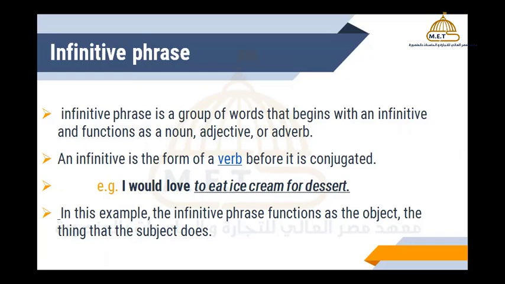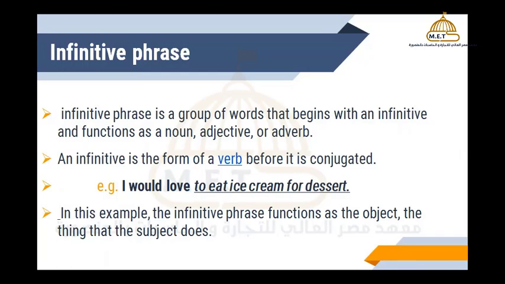An infinitive is the form of a verb before it's conjugated. Meaning the infinitive phrase is a group of words starting with an infinitive, which is the verb before it is conjugated in its original form, but its function is a noun, adjective or adverb.